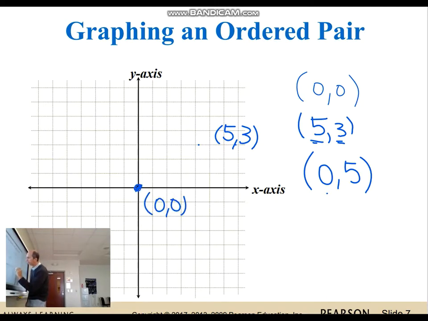For x equals 0, we are on the same position of the y-axis, where x equals 0, and we don't move right, we don't move left, we stay here, and then 5 units up. 1, 2, 3, 4, 5. The point we are looking for, 0 and 5, is going to be right here.